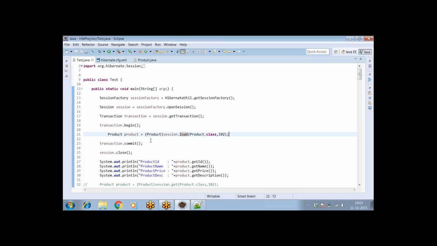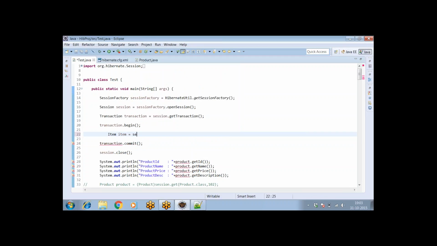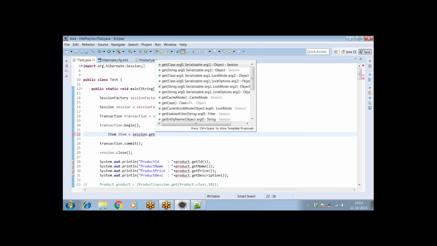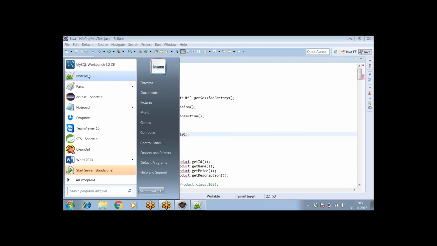Suppose we are using the get method, session.get, to fetch the item records, say with ID 101. I guess there is an item with the ID 101. Let me check once.